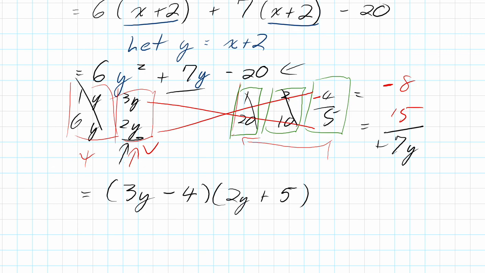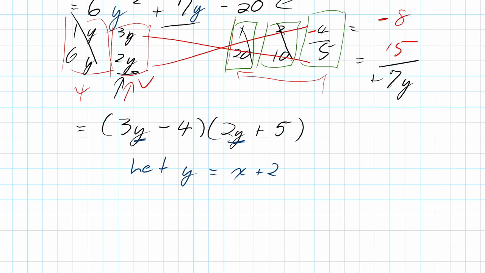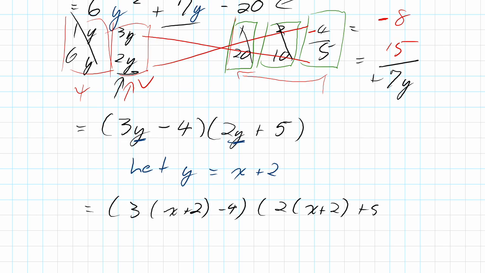We've done the factoring, but we set a let statement in here to simplify the question. So I'm going to rewrite it so that my reader knows, okay, I'm now substituting back in x plus 2 for my y variables. So when we go through that piece, we have 3 times, replacing that y with x plus 2, minus 4, and then 2 times x plus 2 plus 5.